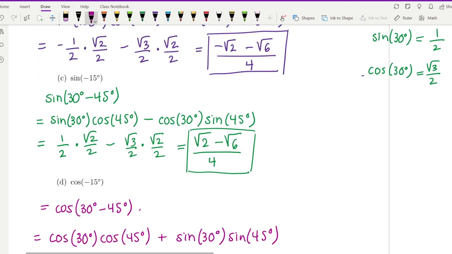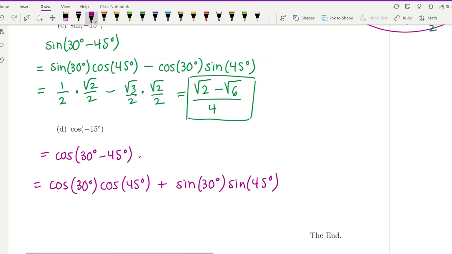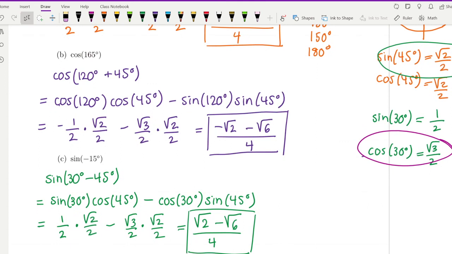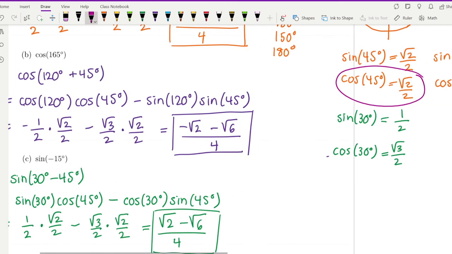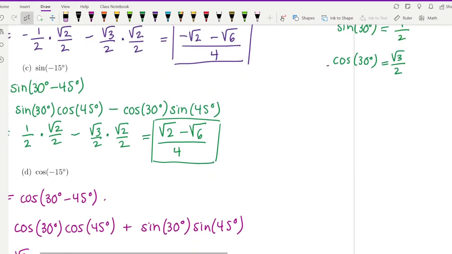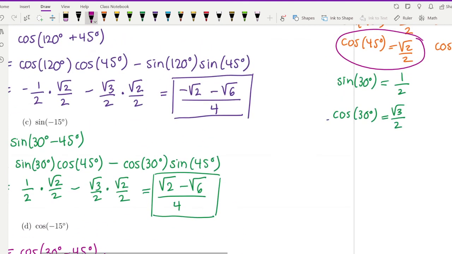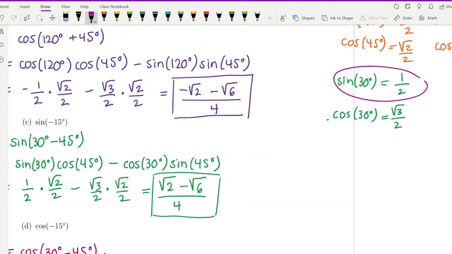So again, it's just now a matter of putting all these numbers in. We already know that cosine of 30 is square root of 3 over 2. Cosine of 45 degrees, that is here. That was square root of 2 over 2. Hopefully that's not off the screen. So that's square root of 2 over 2. Sine of 30 degrees, that is 1/2.